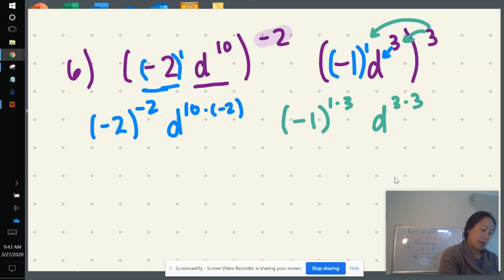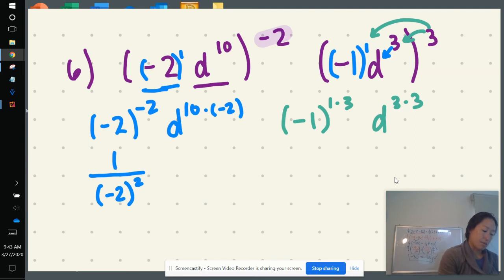All right, so I get negative 2 to the negative 2, and I can already see that this is a problem because I don't like that negative exponent. So I'm going to change this so that the negative 2 is going to go in the denominator, and my exponent is going to become a positive.